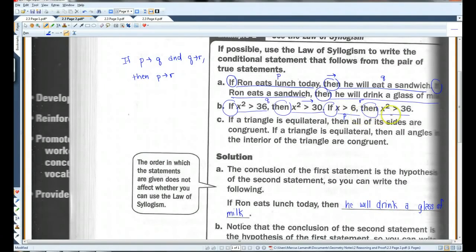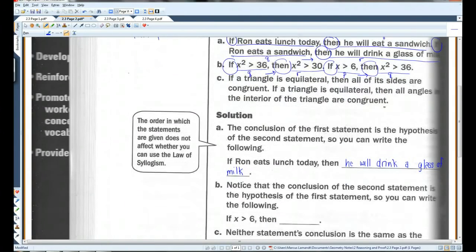Here is our P and our Q. And here is our Q again, implying R. We know this because this is the repeating segment, so that's why this has to be Q. Basically they just reversed the two statements. So what we'll say is P: if x is greater than 6, then R: x squared is greater than 30.